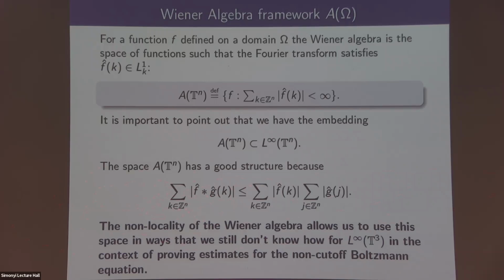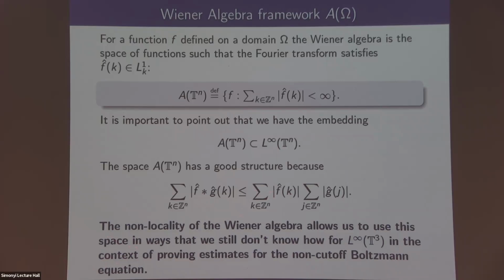When you sum over the convolutions, you can bound that above by the sum over each function individually. And this has no loss. The constant here is 1.